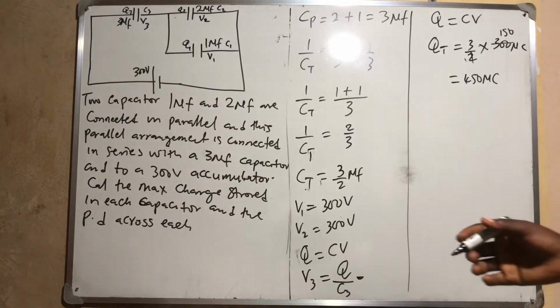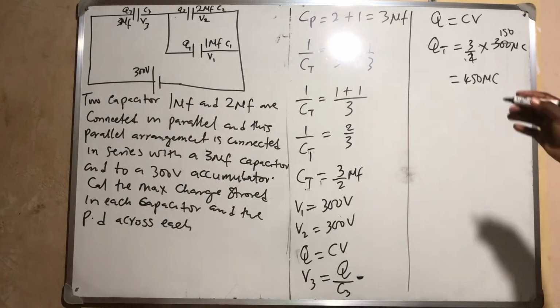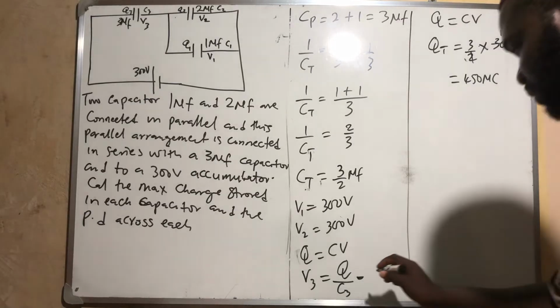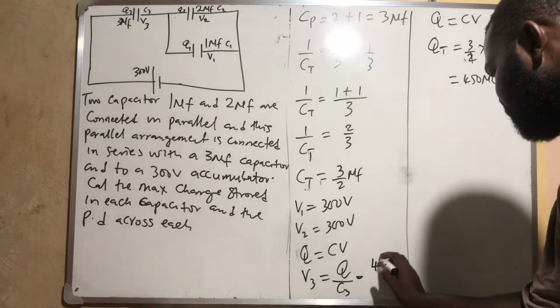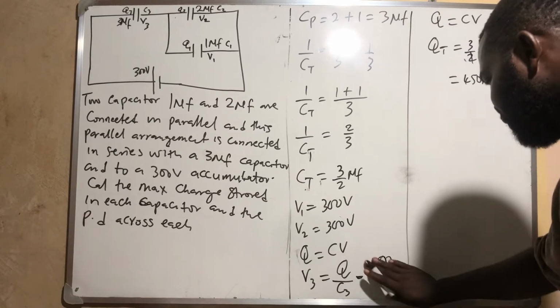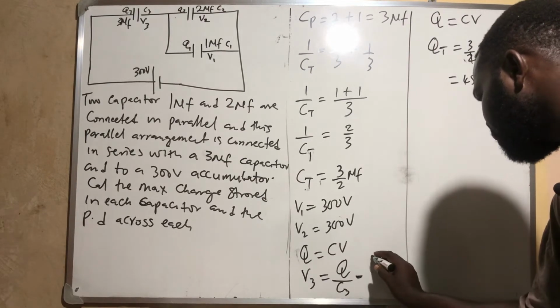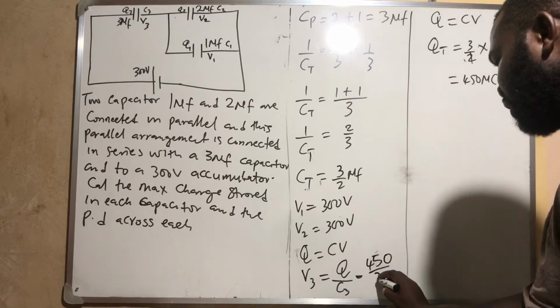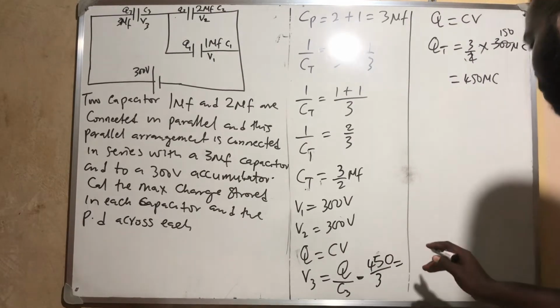Okay. Now this will help me to have V3: 450 divided by 3, which gives you 150.